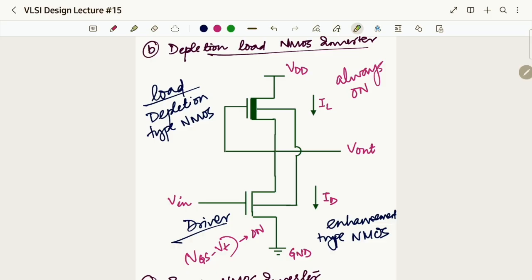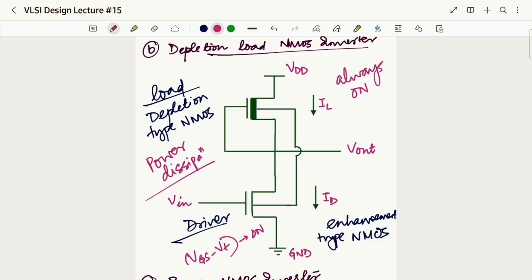That means if a certain device is always on, what is the first thing that will come to your mind? That there will be a lot of power dissipation, right?